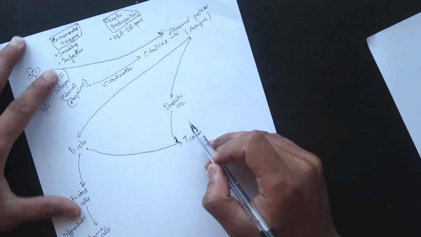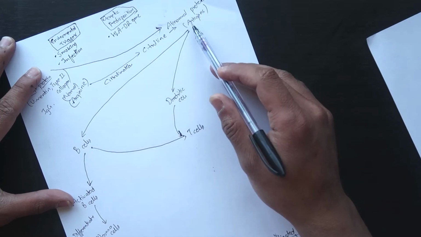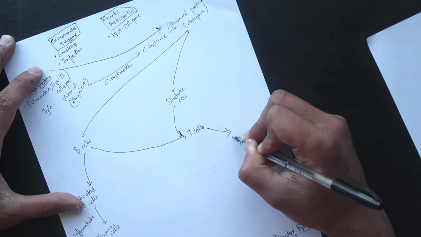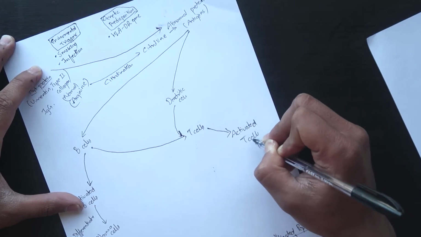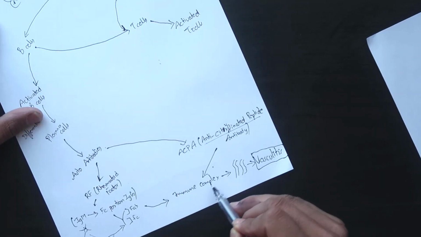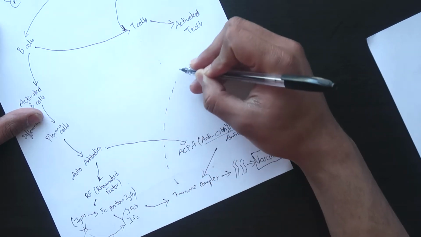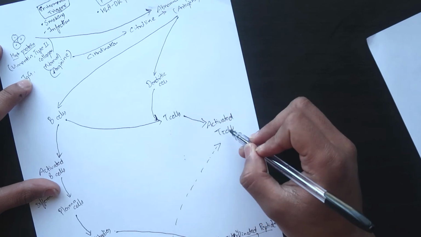Now coming back to here, the dendritic cells and the B cells present this antigen to T cells, and these T cells will get activated and form activated T cells. These immune complexes formed here can also activate the T cells.